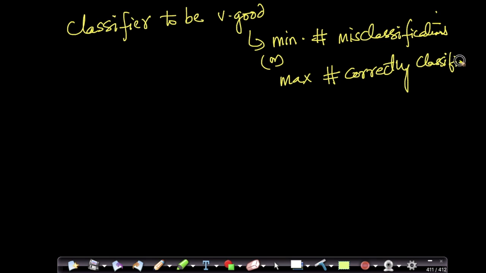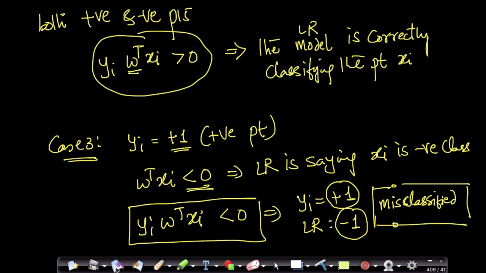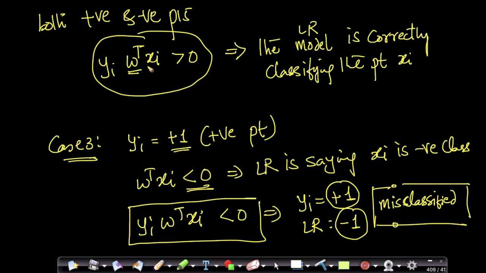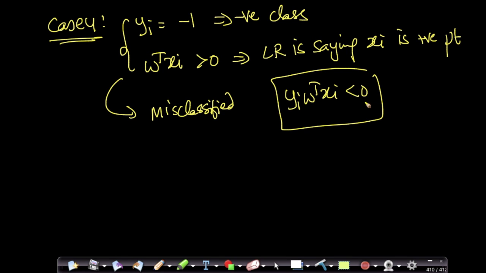We want all of your points to be classified as correctly as possible. The summary of case 1 and case 2 is, if it's correctly classified, then yi w transpose xi is greater than 0. If it is misclassified, your yi w transpose xi is less than 0, in case 3 and also in case 4.